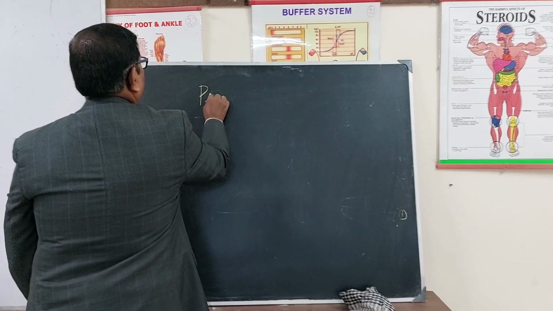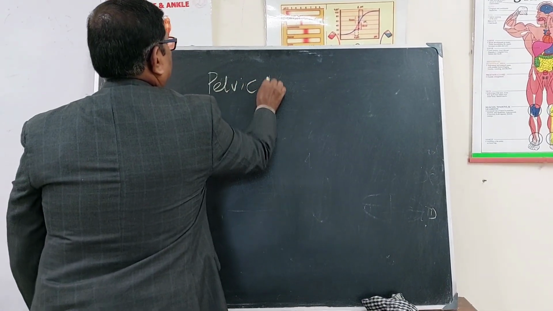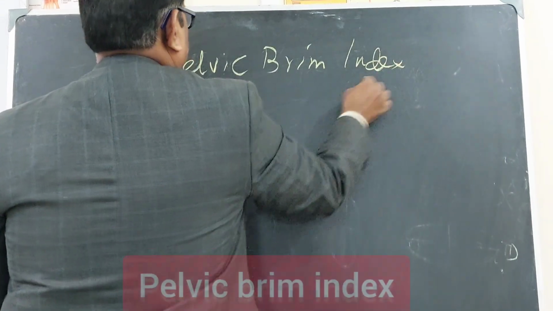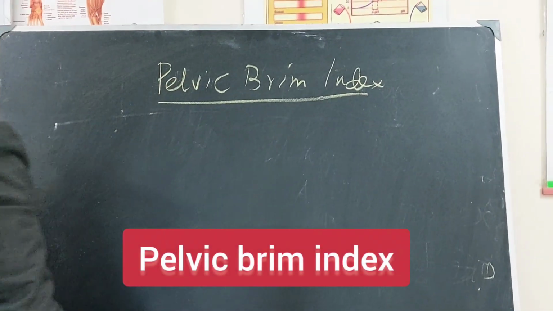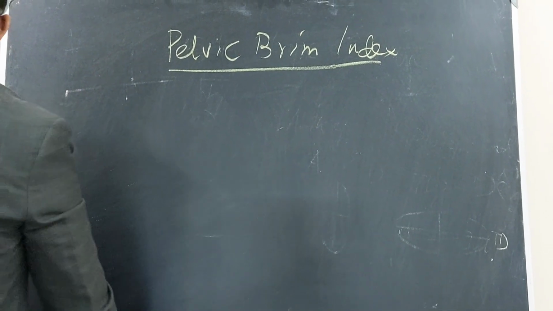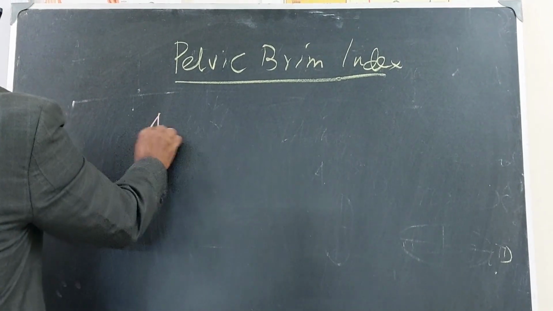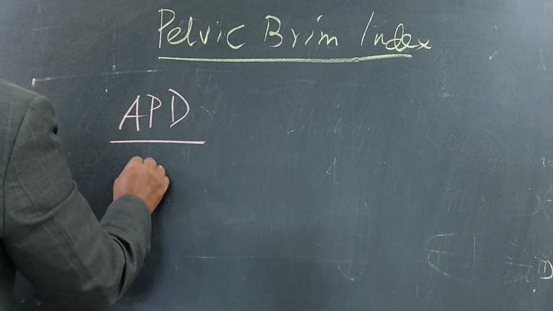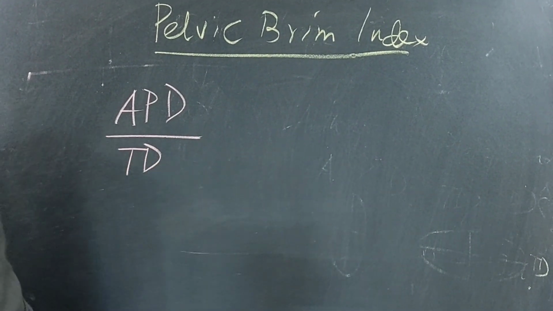What is the pelvic brim index? How to measure this? It is measured as the anteroposterior diameter, or APD, divided by the transverse diameter of the brim.